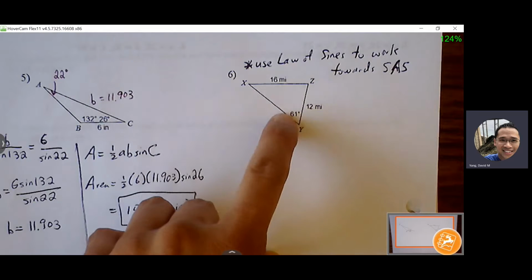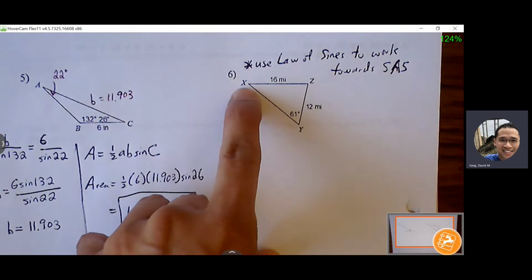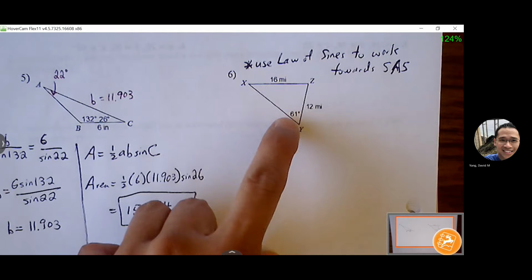So I think the easiest setup right now is to solve for angle X, right?